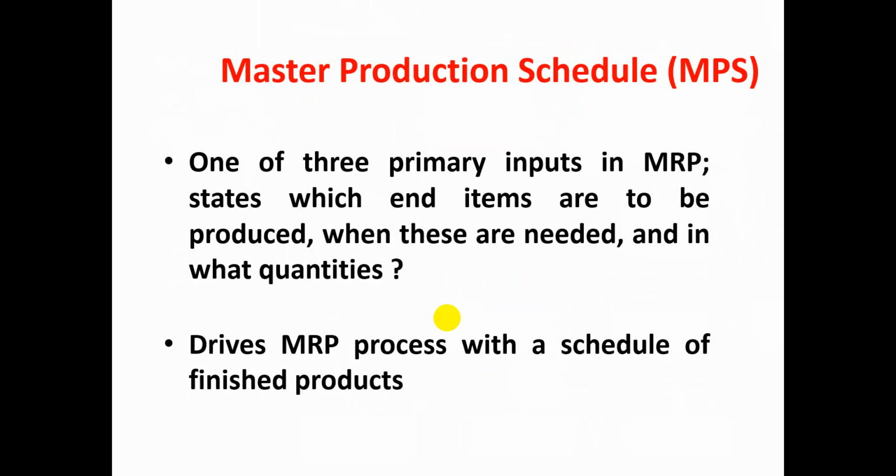Then the next term that comes here is master production schedule. As I said, MPS is one of the three primary inputs in MRP. It states which end items are to be produced, when these are needed, and in what quantity. This is a very important thing I want to highlight.